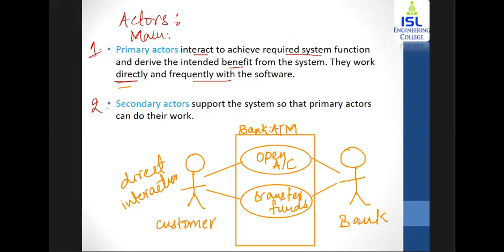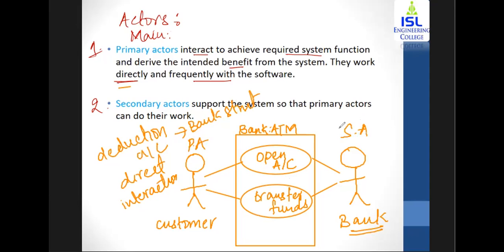You need authentication from the bank, and as you're transferring the funds, the deduction of the amount needs to be updated within your bank statement. That is why the bank is going to make those changes. That is why again for transferring of funds, there is an association with the bank. So this is the difference between the primary actor, this is your primary actor, and this is your secondary actor.